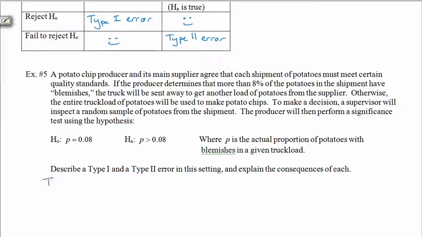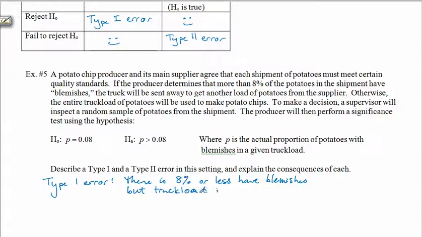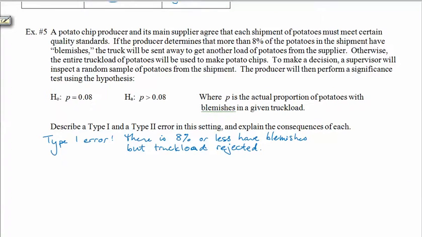So a type 1 error is that there is 8% or less of the potatoes with blemishes, but the truckload is rejected. So what could be a problem with that? What are the consequences?